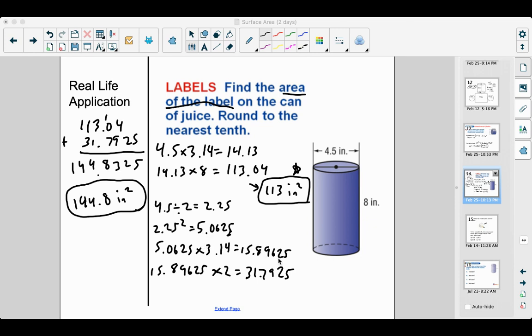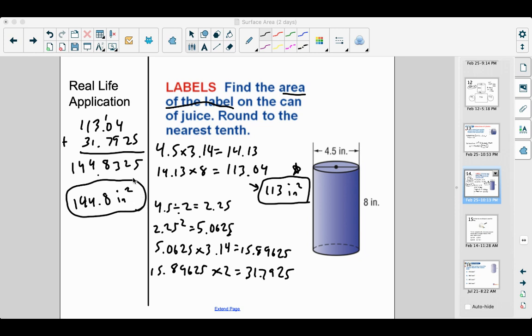Each circle is 15.89625, but there's 2 circles, so I doubled it to get 31.7925. If I add that on to the lateral surface area, the 113.04, and round to the nearest tenth, I get 144.8.